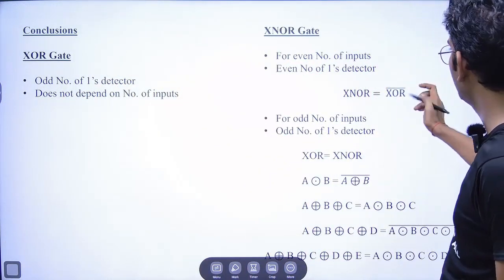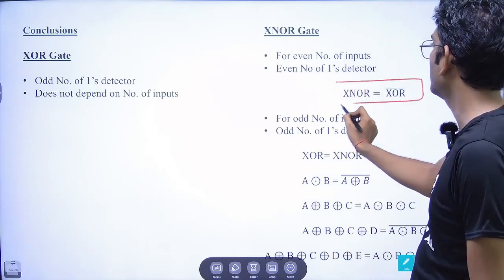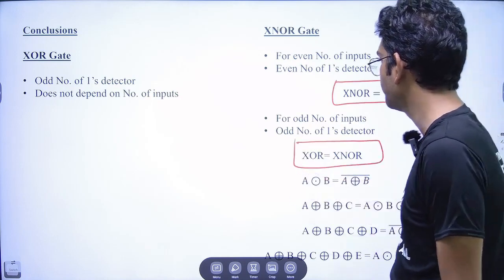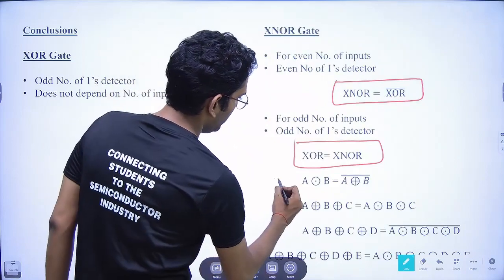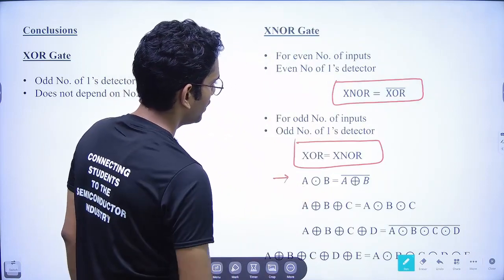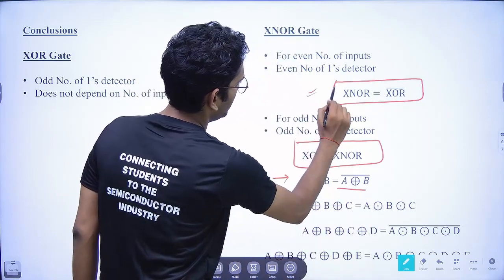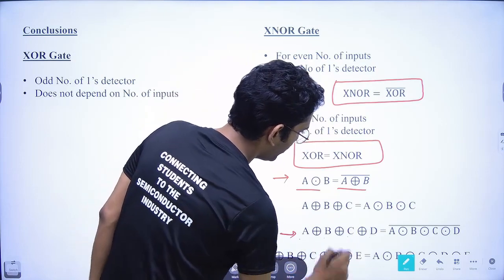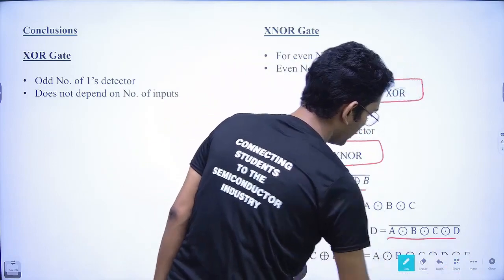Now as I have told you, for the even number of ones detector XNOR is equal to the complement of XOR, and for the odd number of ones detector XOR is equal to XNOR. So in this case two inputs are present, an even number of inputs, so XNOR is equal to the complement of XOR. This is applied here. Here also 1 2 3 4 inputs are present, an even number of inputs, so XNOR is the complement of XOR.